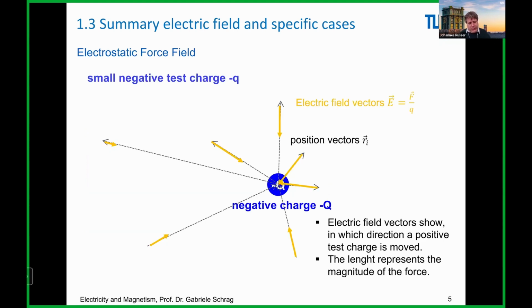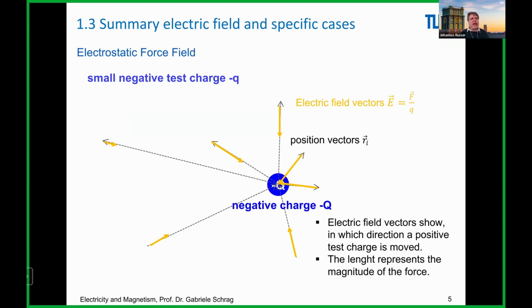Then we remove this test charge, dividing the force field that we could compute, for example, by moving this test charge around. In the first step we obtained a force value everywhere, but then we divided it by the amount of the test charge, and what remains is this rather abstract concept of the electric field.